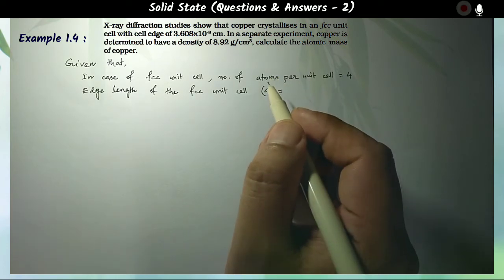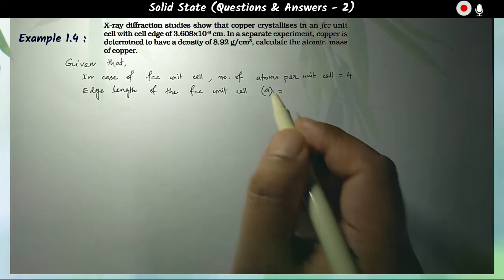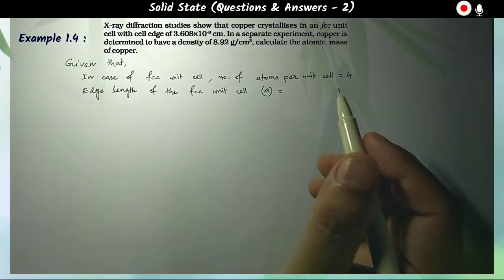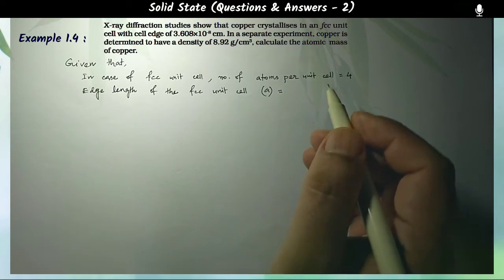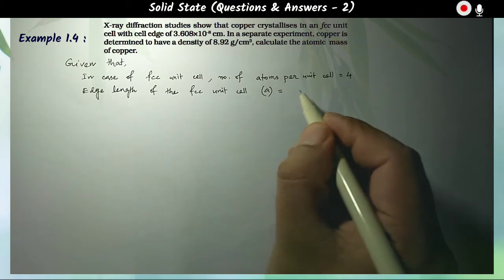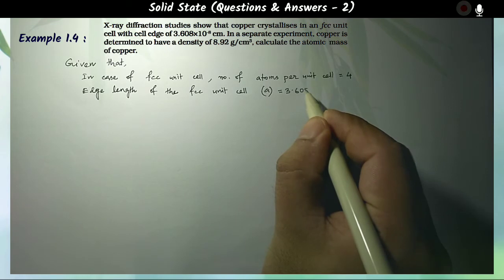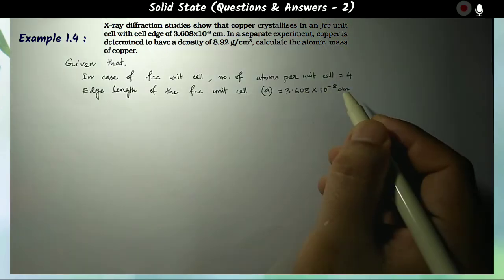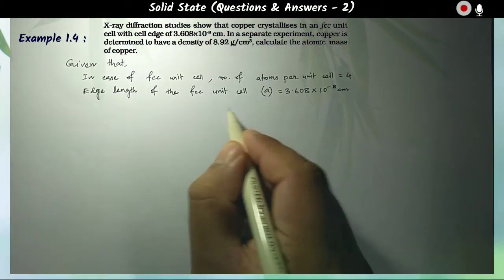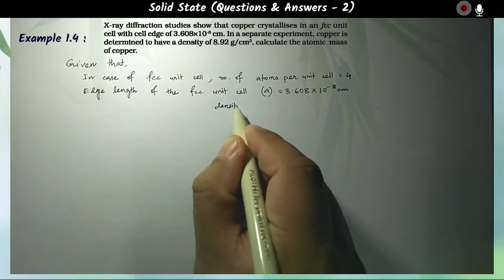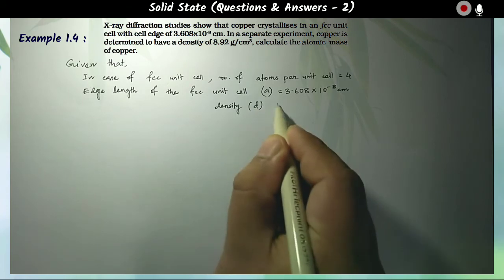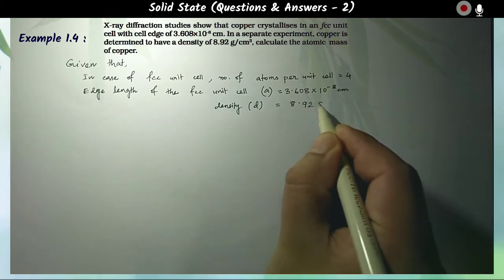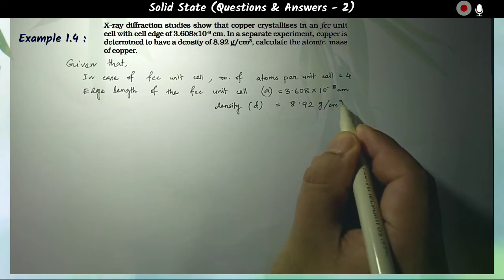They did some X-ray crystallography experiment of that solid, and they found that the edge length is equal to 3.608 into 10 to the power minus 8 centimeter, and the density of the solid is given as 8.92 gram per centimeter cube.